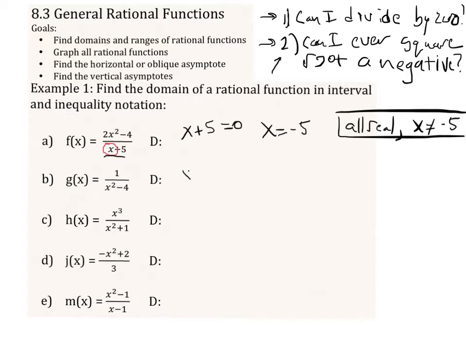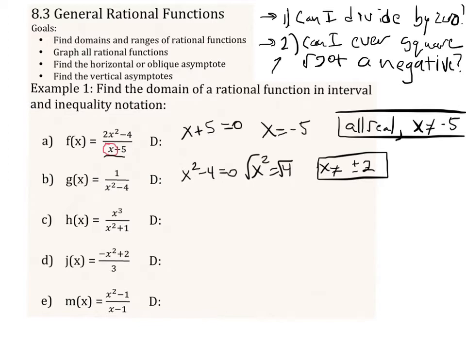Second one here, I do the same thing. X squared minus 4 equals 0. X squared then equals 4 when I add 4 to both sides. And when I square root, okay, I get x equals positive or negative 2, which means that we're all real except x can't equal positive or negative 2. Alright?